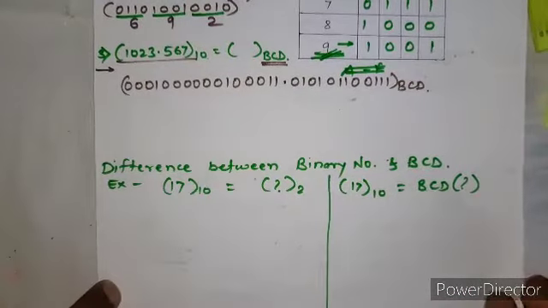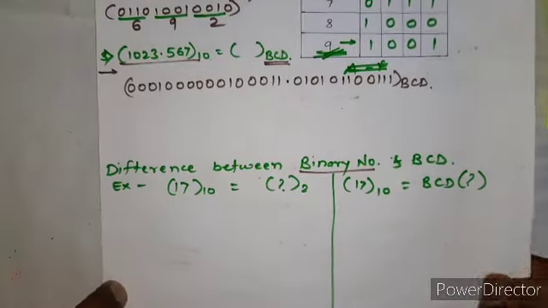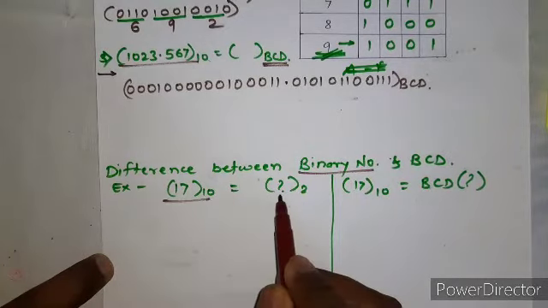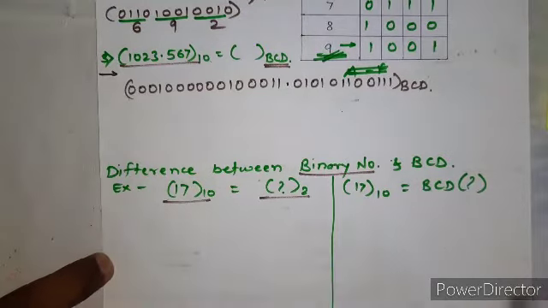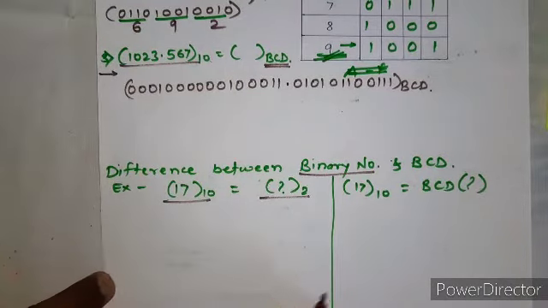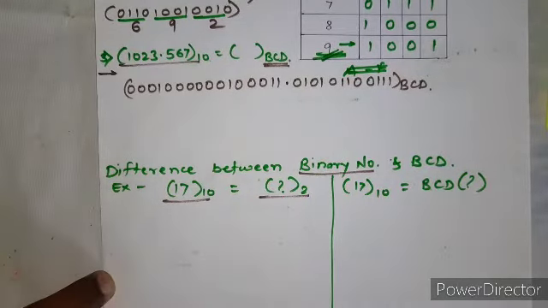Now what is the difference between a binary number and a BCD number? Let us take this example. Here, a number is given and it is asked to convert into binary. This point will differentiate between binary and BCD, so be attentive. If I want to convert 17 into binary, I can use the divide by 2 method.